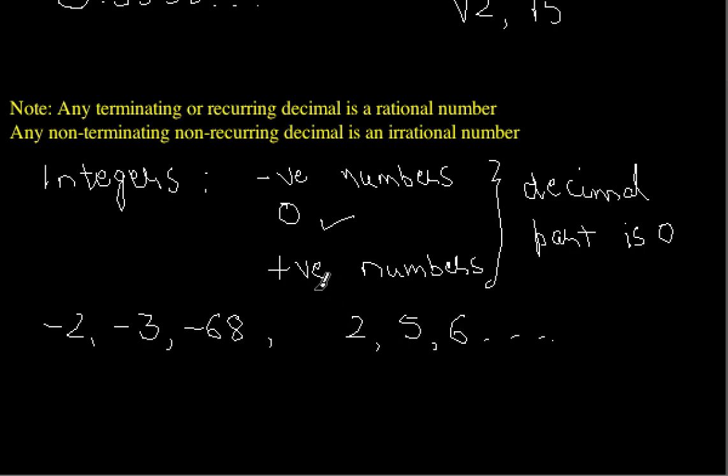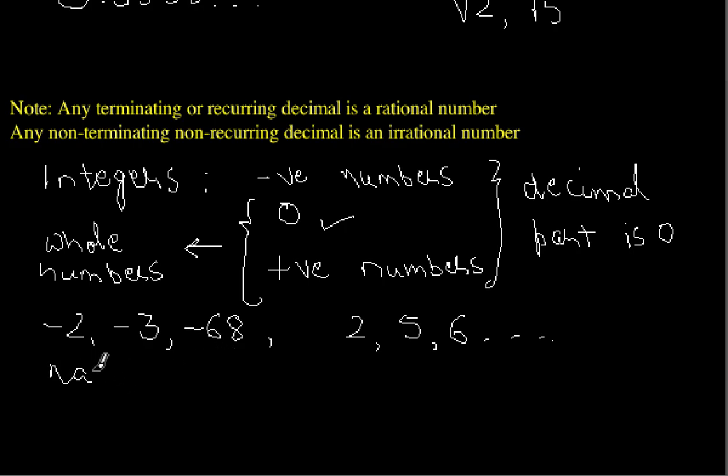Now the positive integers and 0, if combined, become the group of whole numbers. So these are called whole numbers if we combine the positive integers and the 0 value.